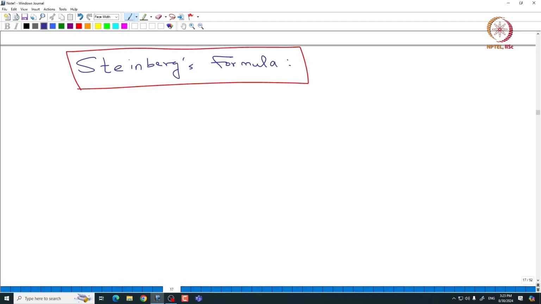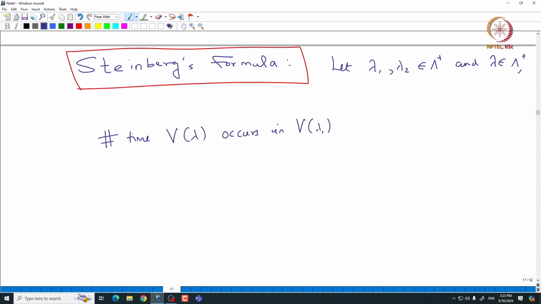Given lambda 1, lambda 2 dominant, and lambda again dominant, we are interested in the number of times V of lambda occurs inside V lambda 1 tensor V lambda 2.